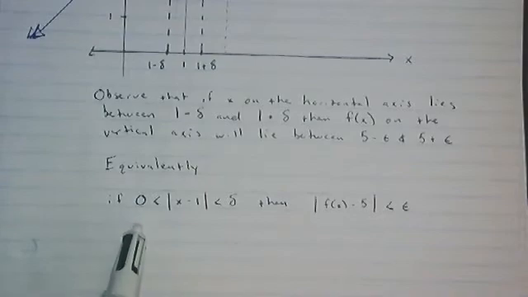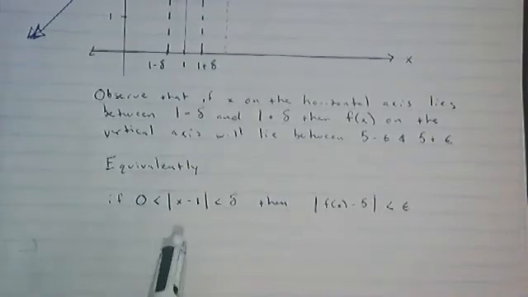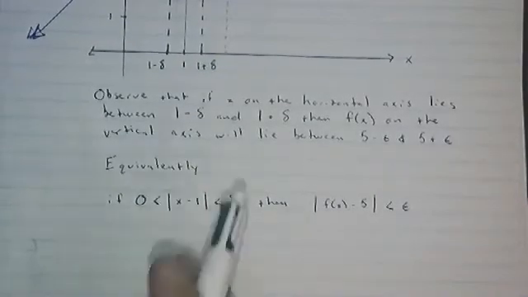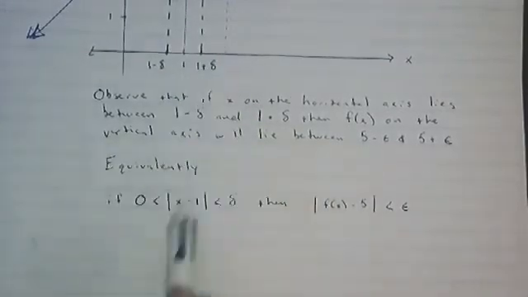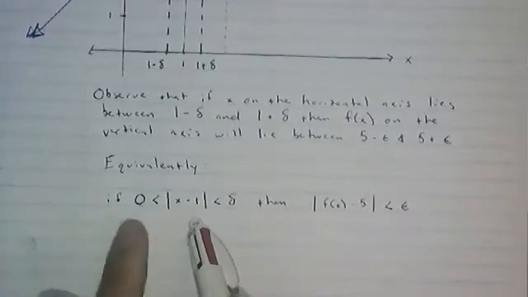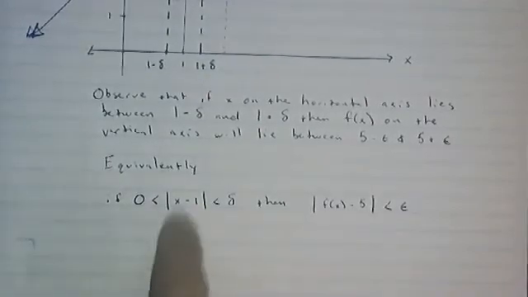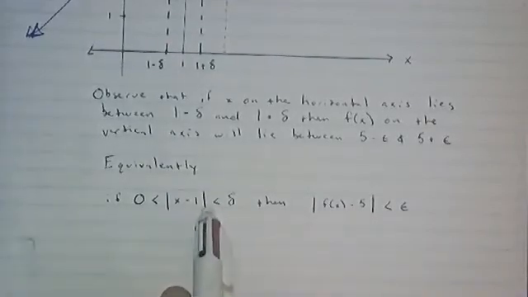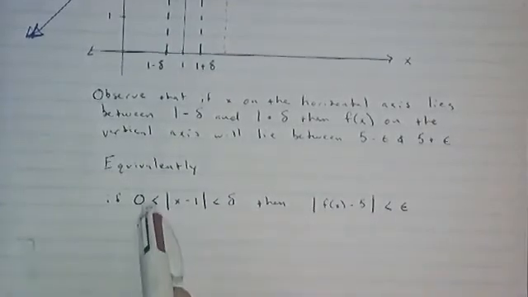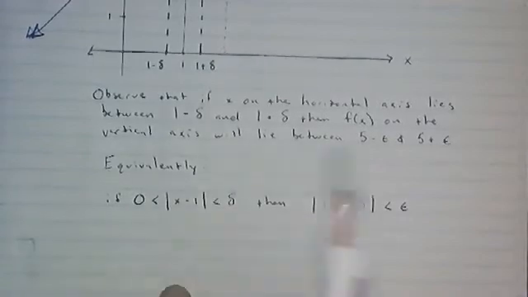But what this guarantees is that x is never actually 1, because it can't be 1, at least here. So we need this restriction that this difference is greater than 0. It can get super small, but it will never get to 0 because x will never get to 1. So the absolute value is less than delta, but it's also non-zero.